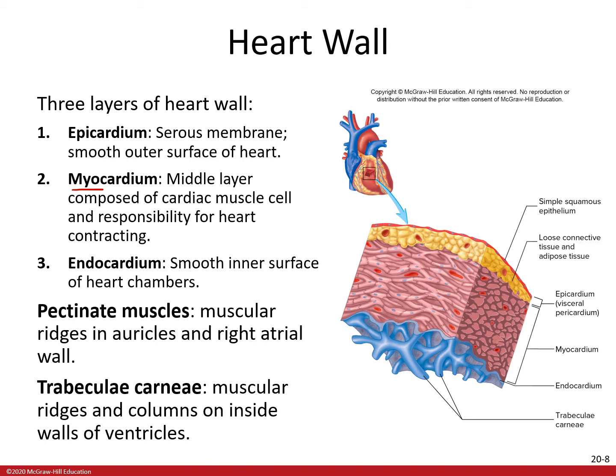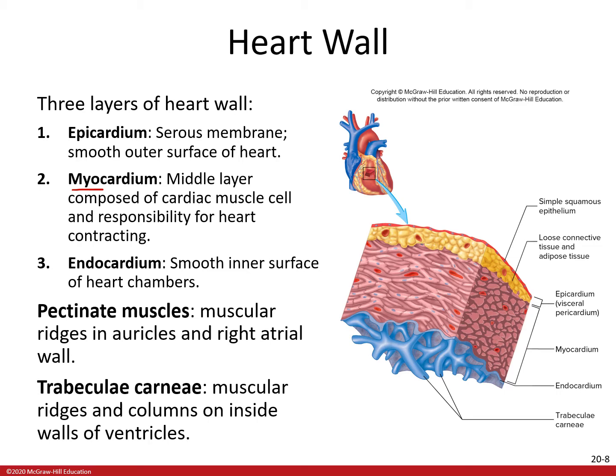And then the inner layer is the endocardium, endo meaning inside, right? That is going to be a smooth inner surface of all the heart's chambers. And you can see these trabeculae carneae that make up this inner layer here, right?